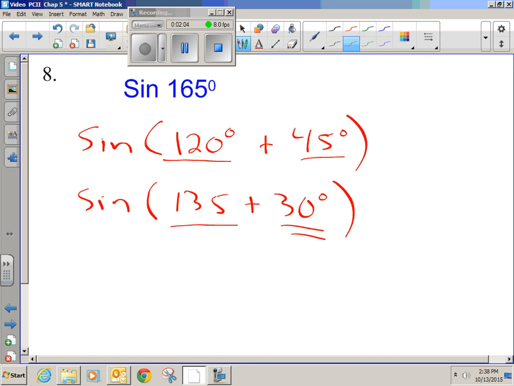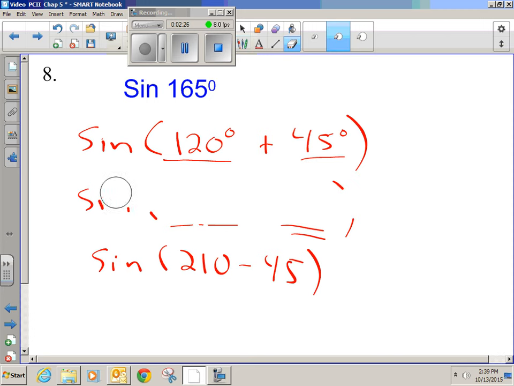I could write these as a difference if I wanted to. For example, I could have written this as 210 minus 45. So I could have done sine of 210 minus 45, etc. But what I'm going to do right now is take the first one that I wrote.